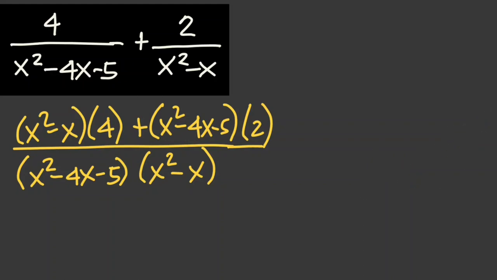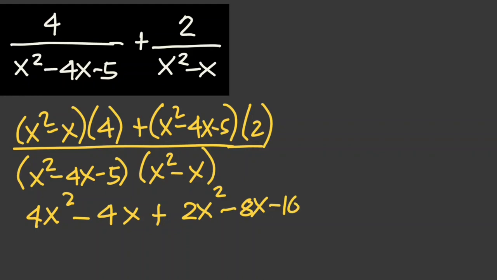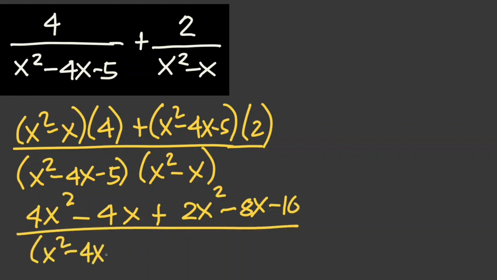So let's simplify our numerator by distributing 4 and 2. 4 times x squared is 4x squared, minus 4x, plus 2x squared, minus 8x, minus 10, over x squared minus 4x minus 5 times x squared minus x.